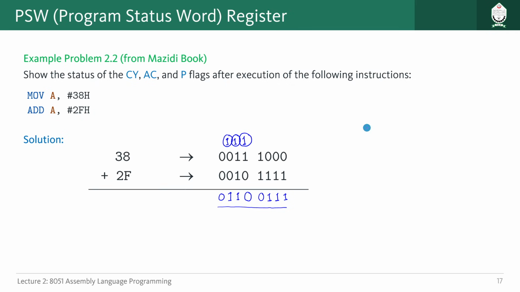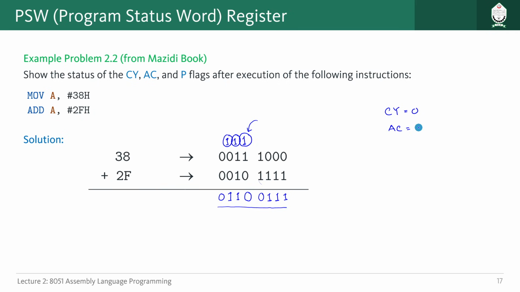And what should be the condition of the CY carry flag? It should be 0 because we don't have any overflow or carry from the 8th bit to the 9th bit, right? And for auxiliary carry AC, we know that from bit 3 to bit 4 we have a carry, right? This one.